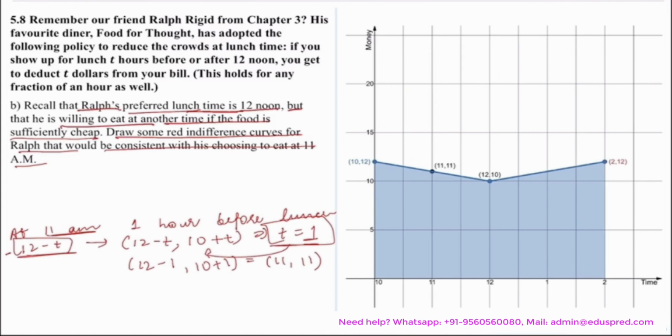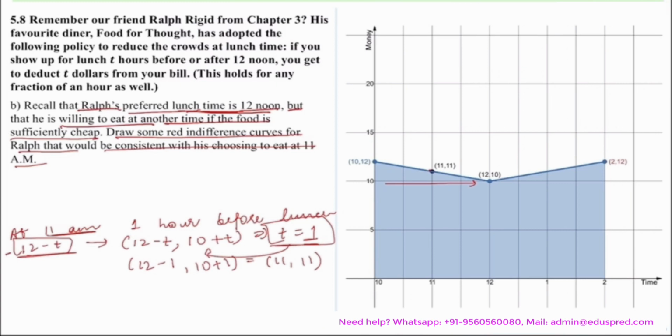Now I have to find all combinations of time and money that pass through this point and are tangent to the budget line. Note that in the question, it is given to us that Ralph prefers to eat at lunchtime. That means the preference direction is this, that the closer he is to 12 noon, the higher the level of satisfaction he is getting.